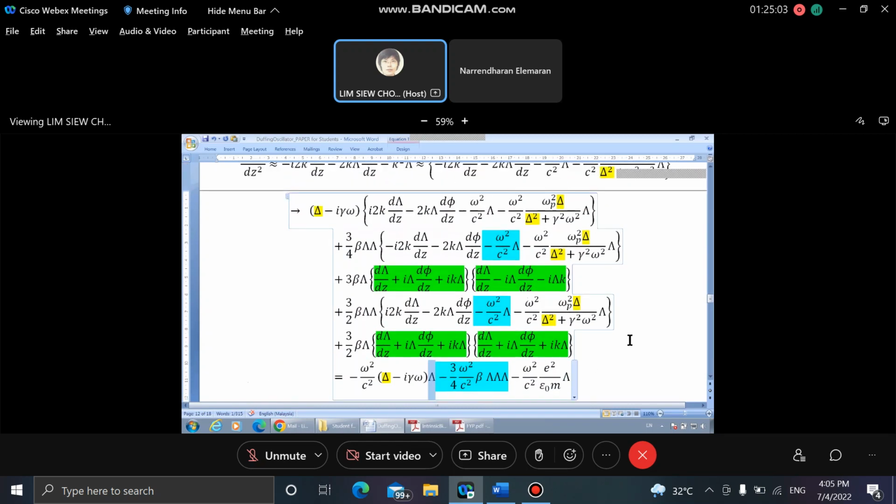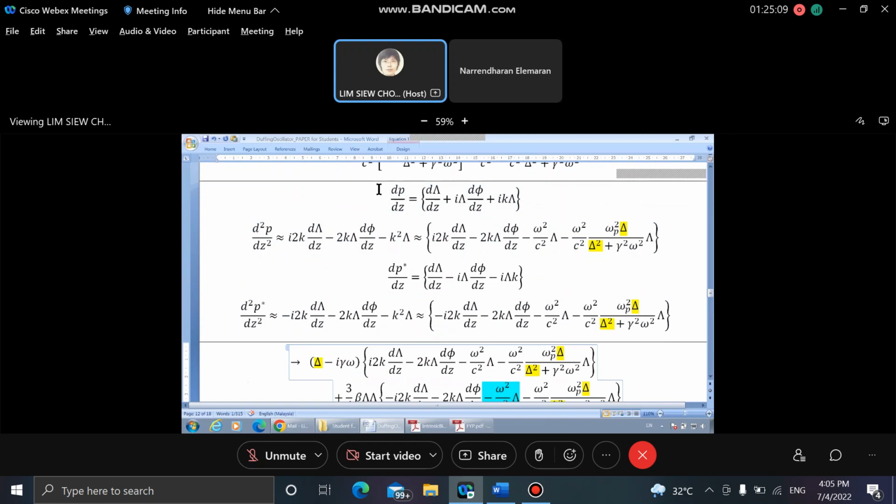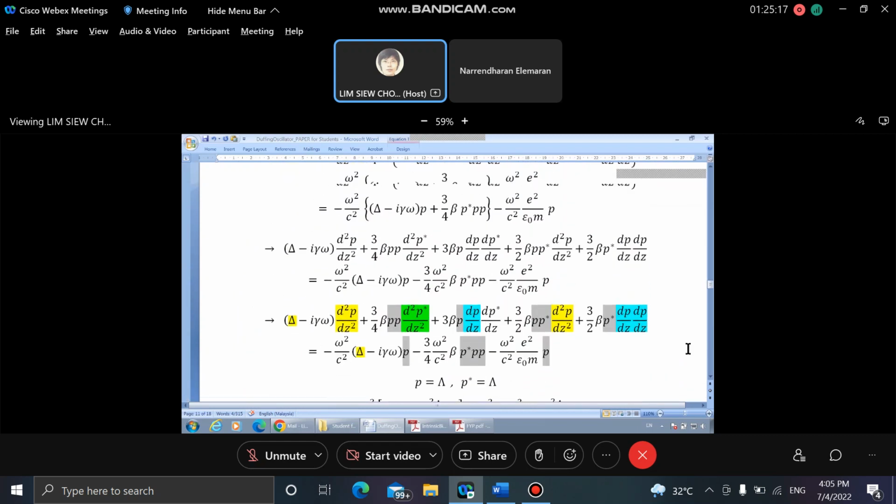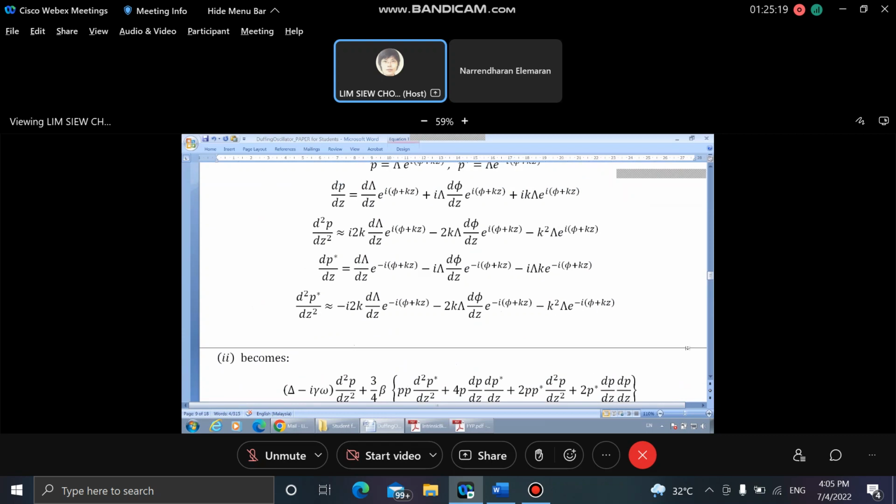So this is after the substitution and after the SVEA. There are something that sometimes you need to work out the intermediate. You don't want to directly substitute. It may make you very headache. Okay.